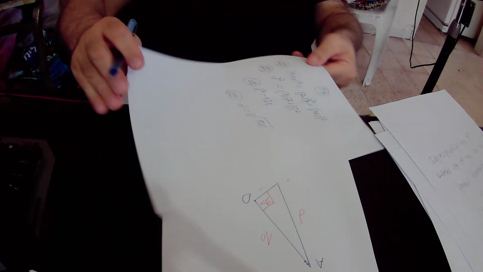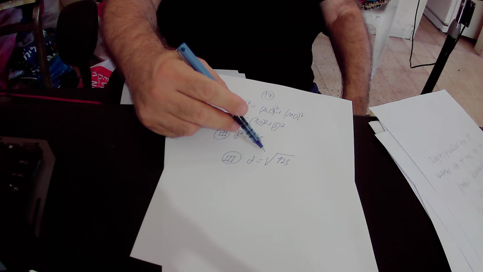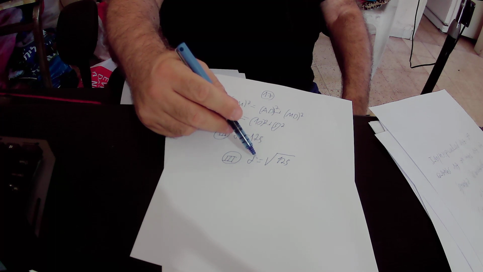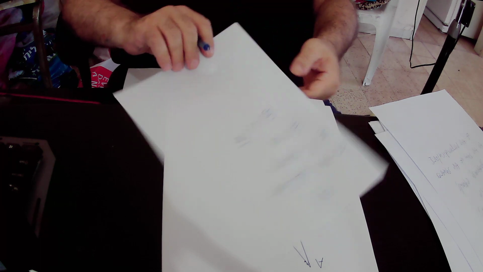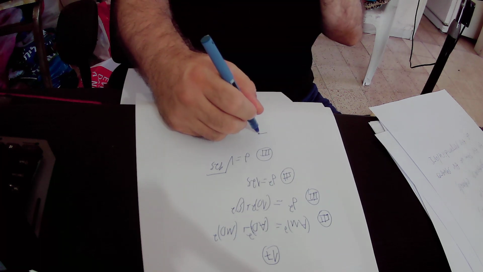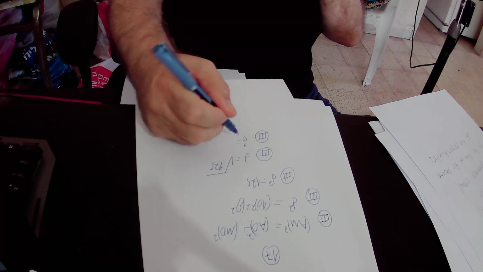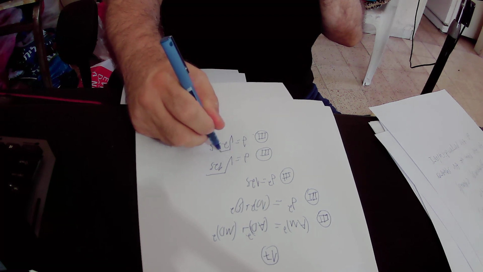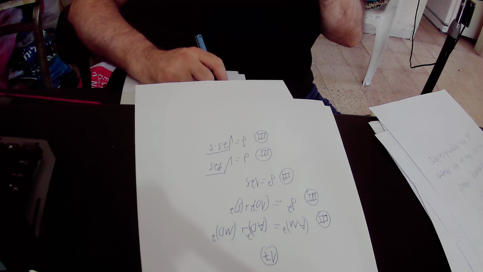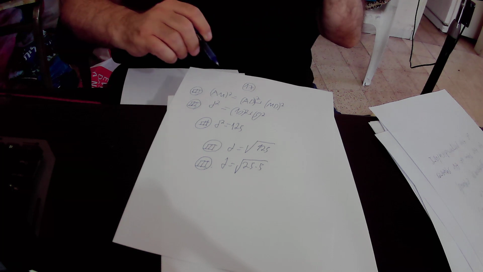So we took a root of equation number 3, we got that D equals root of 125. 125 equals 25 times 5. So I write it down.